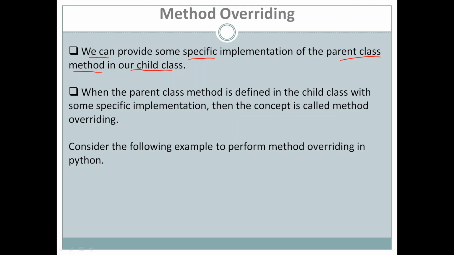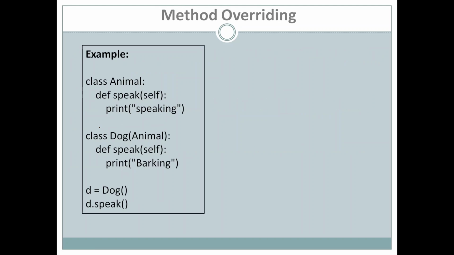When the parent class method is defined in the child class with a specific implementation, the concept is called method overriding. Let's see method overriding with a simple example program.